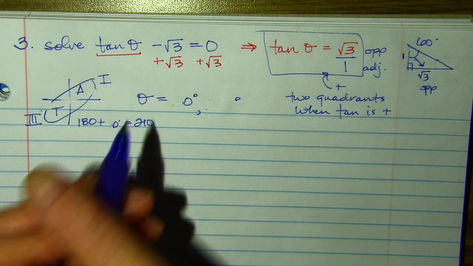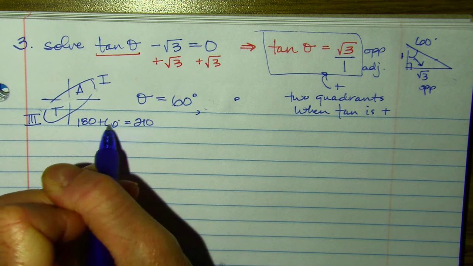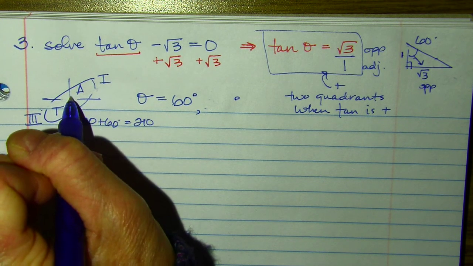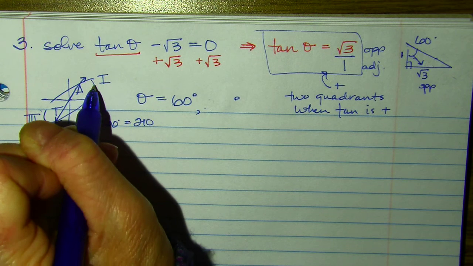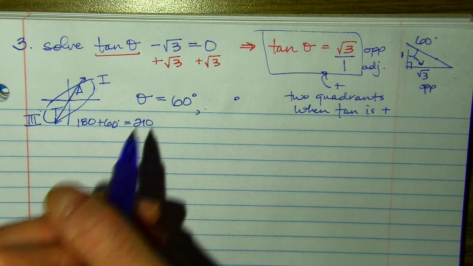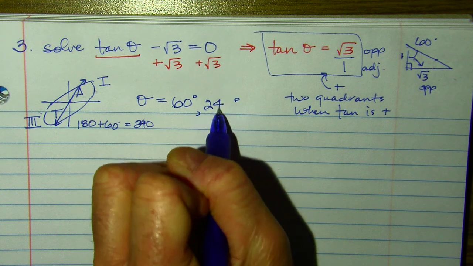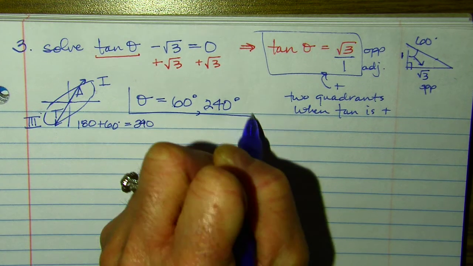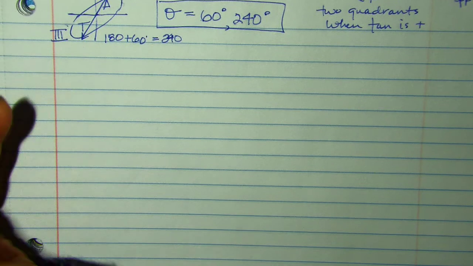So I'm looking at 60 degrees, the angle here that's 60, and the angle here. So it has to be in quadrant 1. So this would be 180 plus 60, which is 240. So those are my solutions. My apologies for my mistake there.